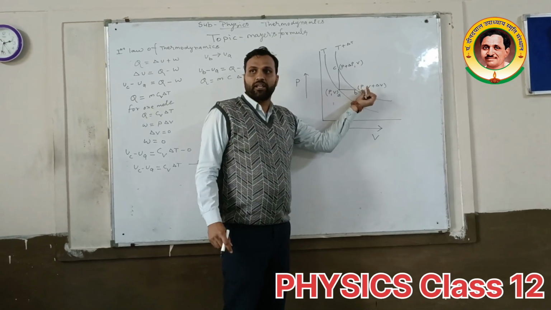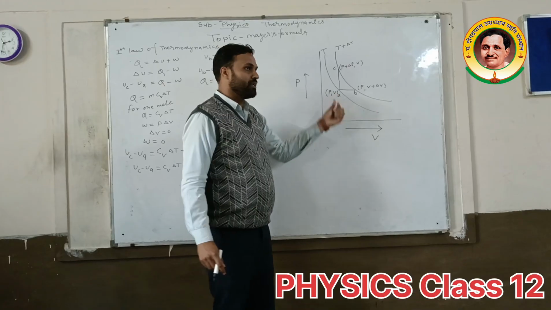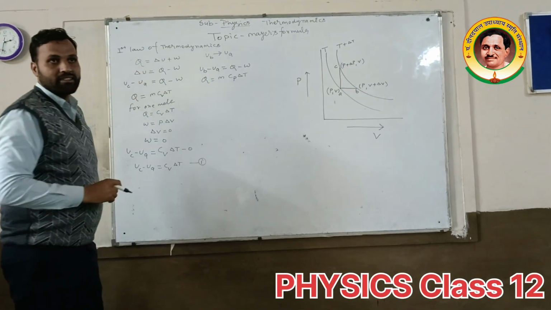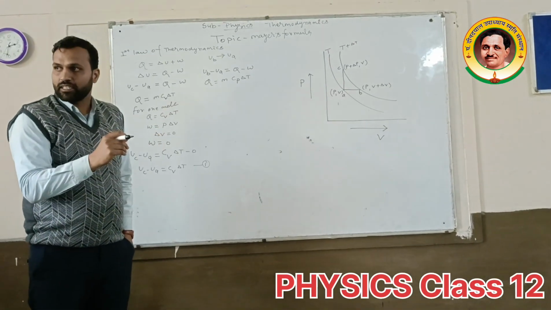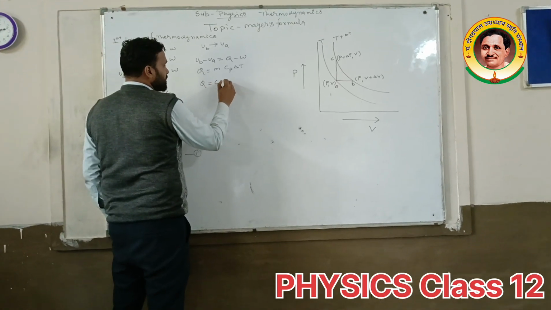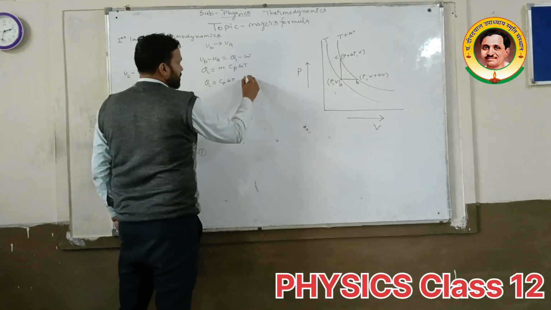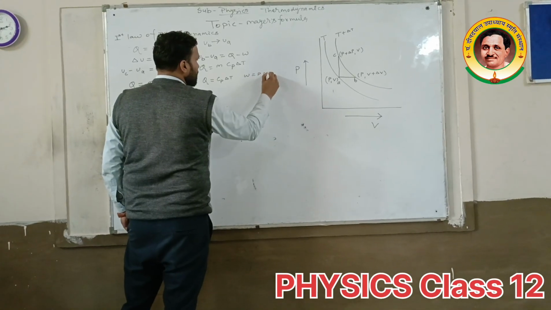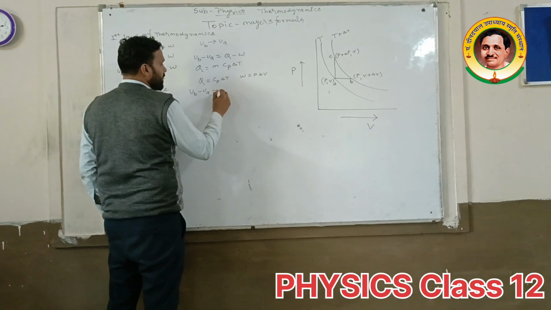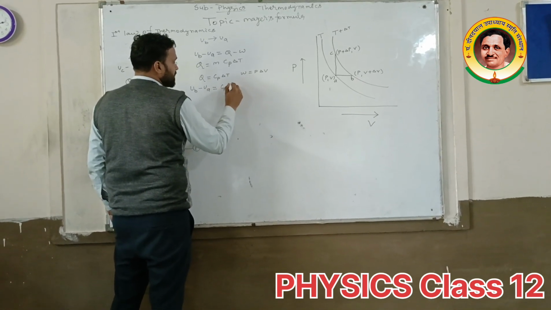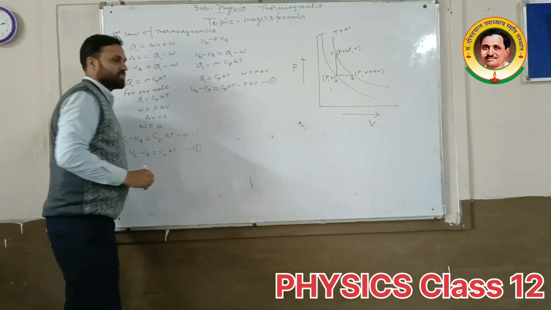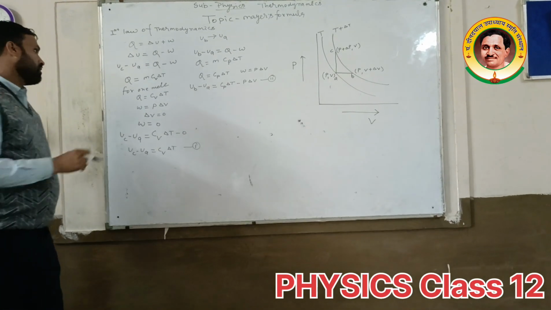At point B the pressure is P and also at point A the pressure is P. Then we write CP delta T, the specific heat at constant pressure. For 1 mole, Q equals CP delta T and W equals P delta V. This implies that UB minus UA equals CP delta T minus P delta V. Let us suppose this is equation second.